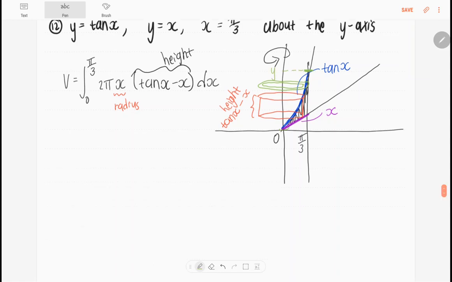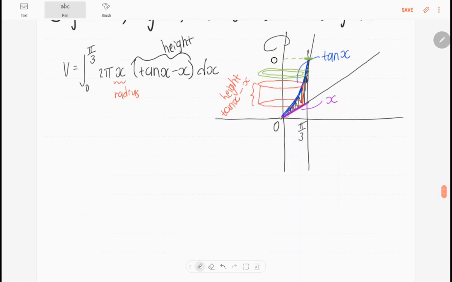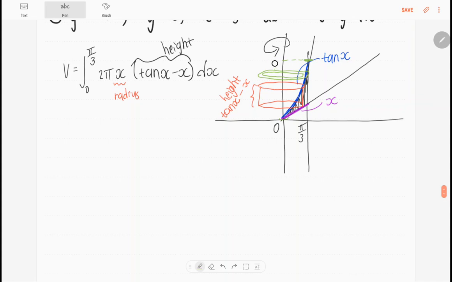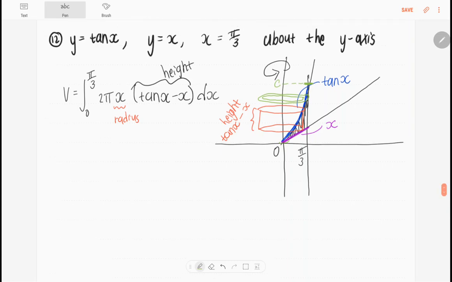Let's just call that some value c. You would have to know what that value is, find your functions in terms of y, and then integrate those. So in this case, I think it was a little bit more straightforward to use the shells method.